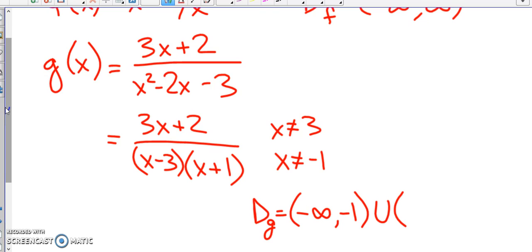Careful. That's better. If you can put your problem spots in order, the easiest way to think about it is you go negative infinity to your first problem spot, union your first problem spot to your second problem spot, union so on and so forth until you hit the last problem spot, which we only have 2.